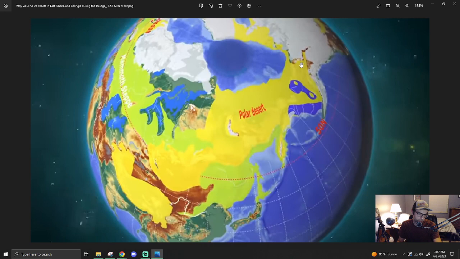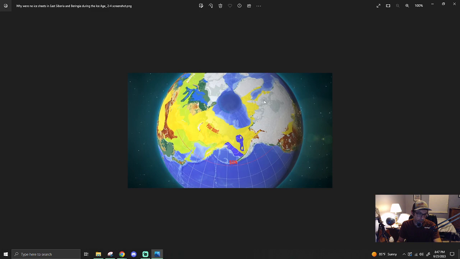And now we've got, here's the Himalayas and this polar desert going to them across this way. Like, probably across this way. Maybe from North America even, looks like. Then this turned to tundra here.